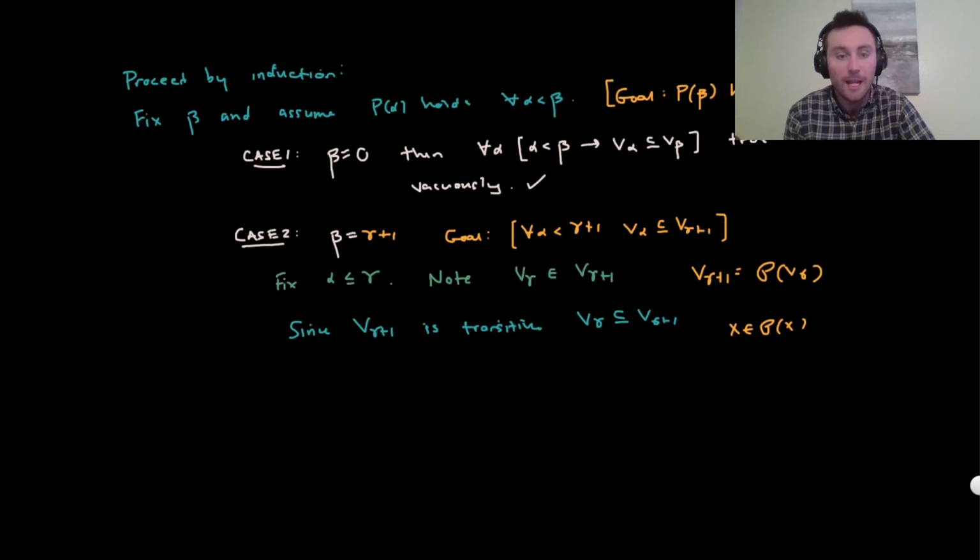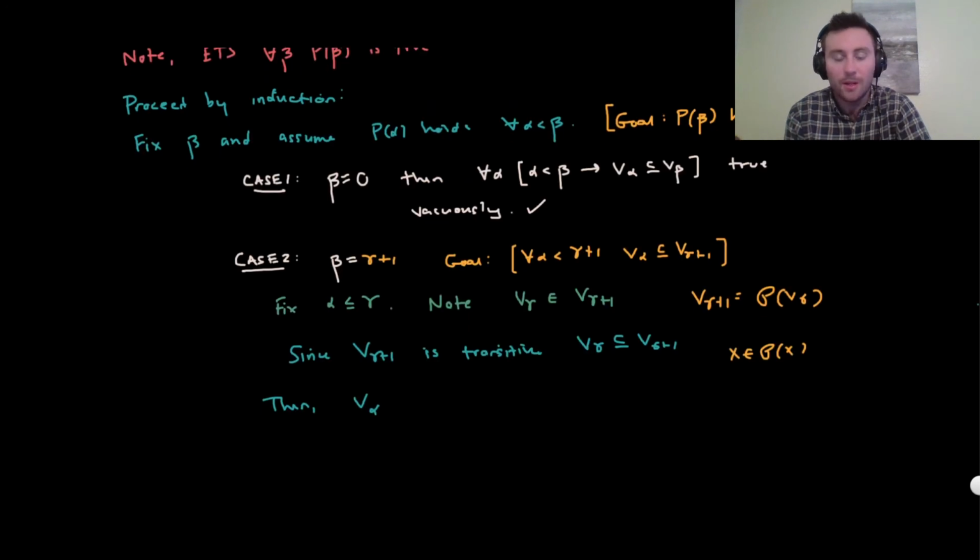And so what can we say? Well, then, what do we know about V alpha? V alpha is going to be a subset of V gamma. Why? Well, note what's happening here.